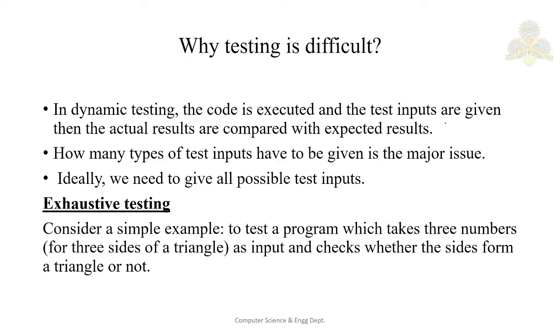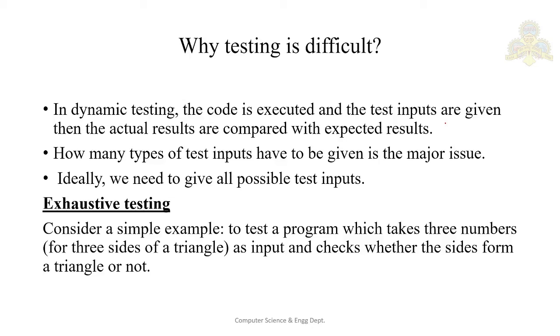The numbers can be integers, floating points, or a combination of both. We also need to give characters and check whether the program works fine. If you give characters, you'll get interesting output.